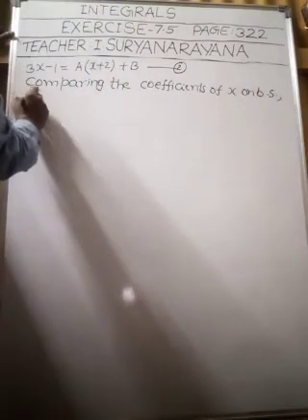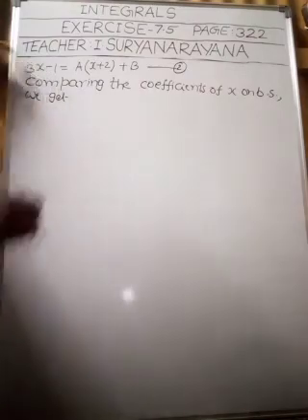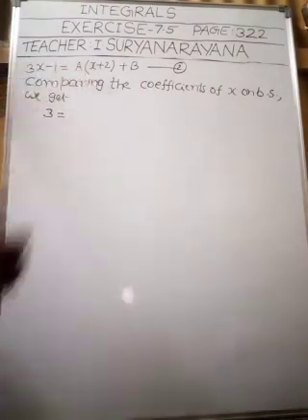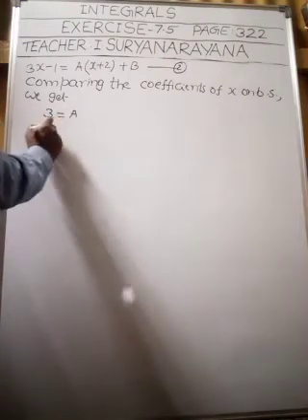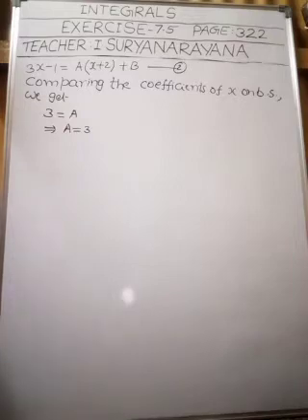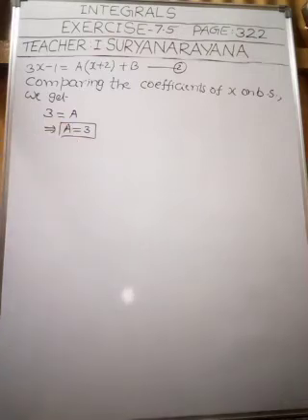On both sides, what is the coefficient of x here? 3 is equal to, what is the coefficient of x here? A. So this implies a is equal to 3. Okay, my children, we got the a value also. Previously we got b is equal to minus 7.